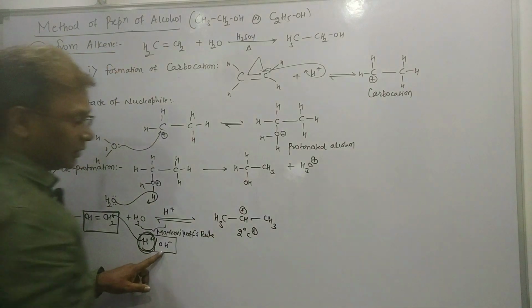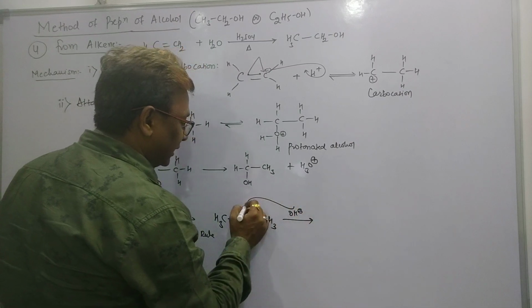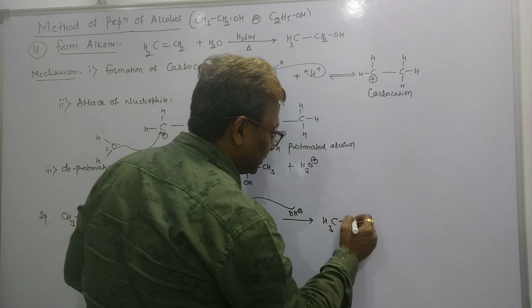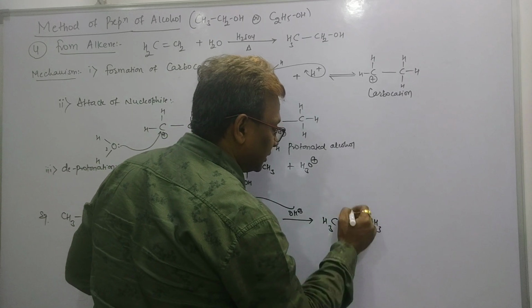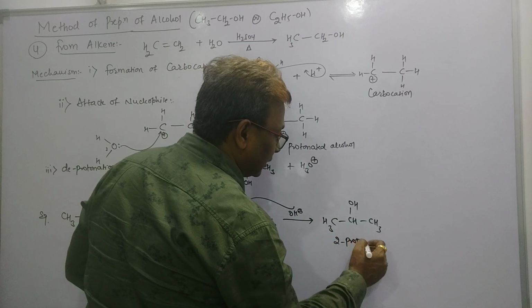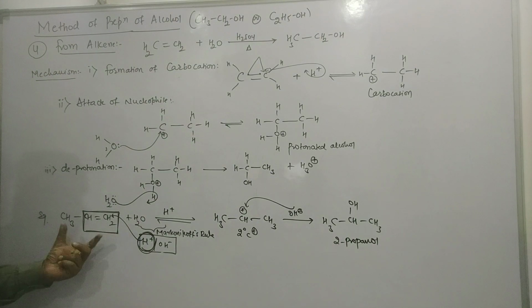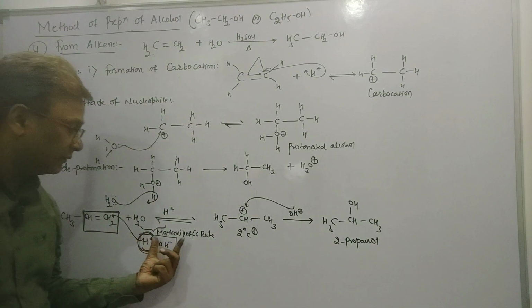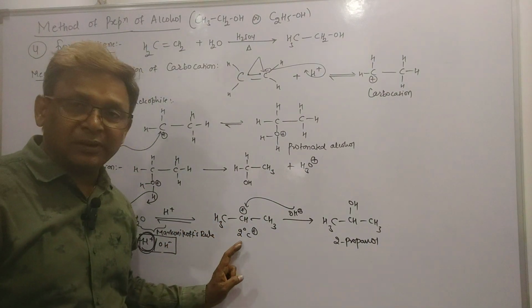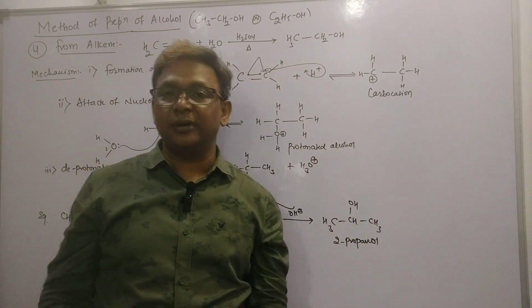Then the other part, OH minus, attacks the electrophilic center and forms CH3 CH CH3 with OH, called 2-propanol. It means whenever you add a water molecule to an unsymmetrical alkene, it always follows Markovnikov's rule. It forms the carbocation, rearranges if possible, and then the nucleophile attacks and we get the final product.